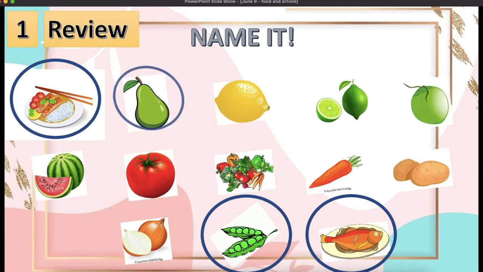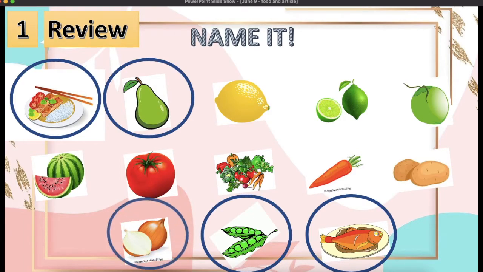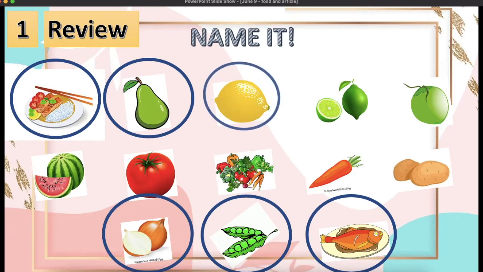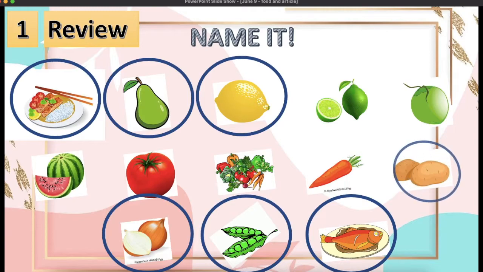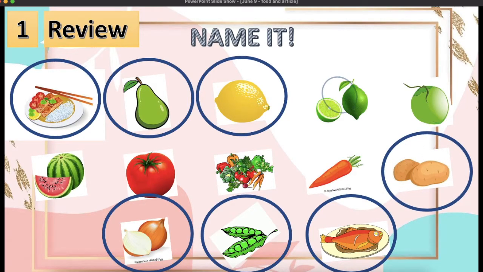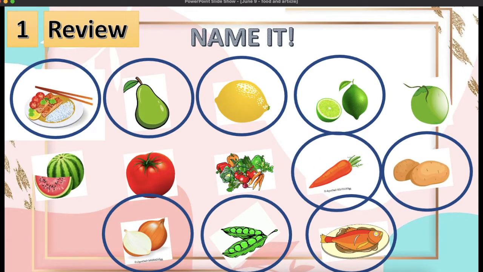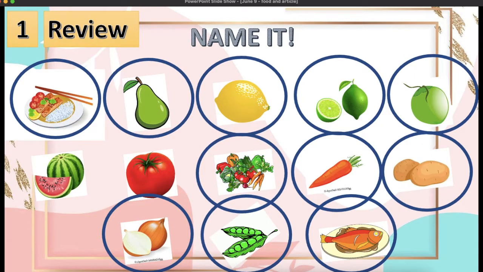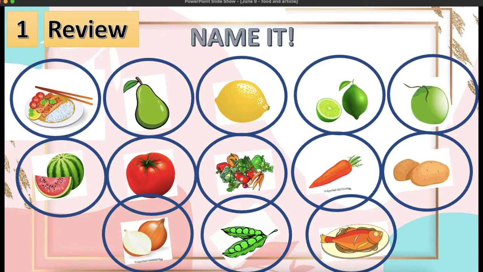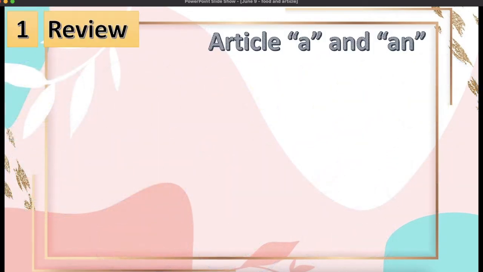Peas, pear, onions, lemon, potatoes, lime, carrot, coconut, vegetables, watermelon, and last but not the least, tomato. Good job!